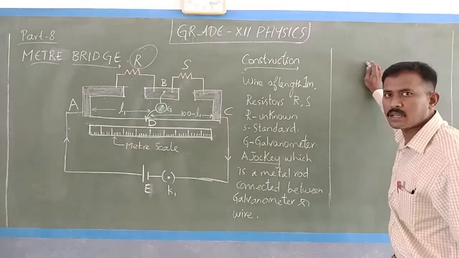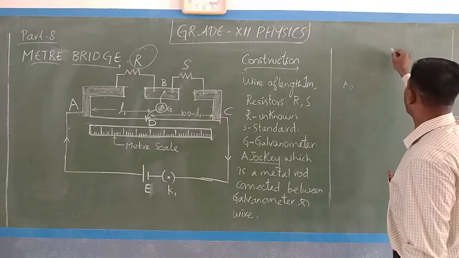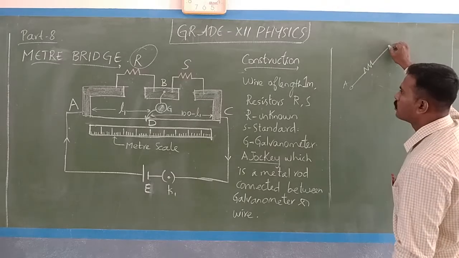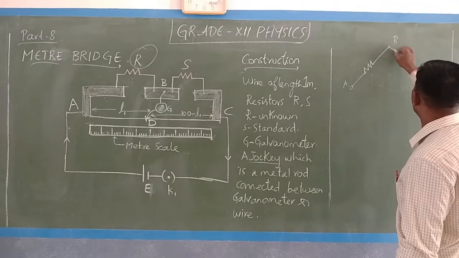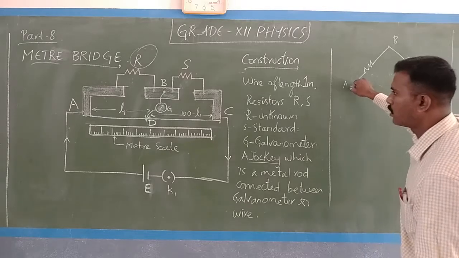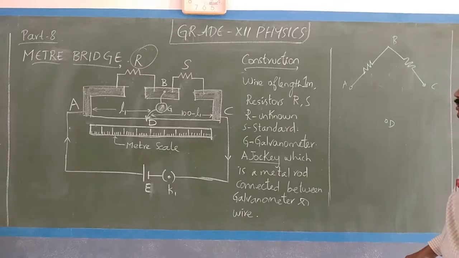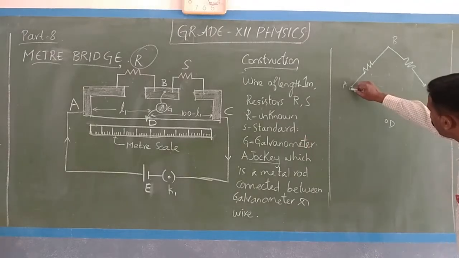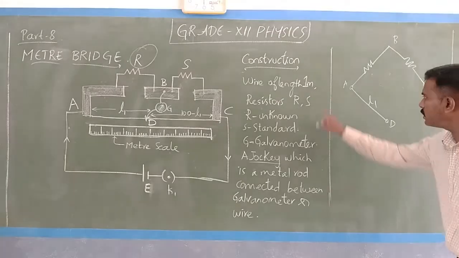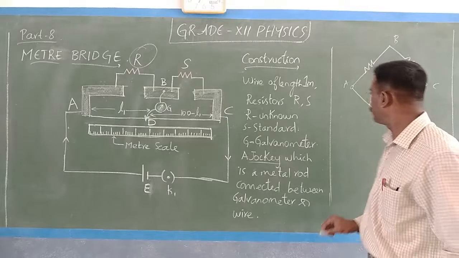So I will draw this setup. Please follow it better. So A, what is the resistance? That is B, then C. Now I have point D. Between A and D, I have a wire of length L1.